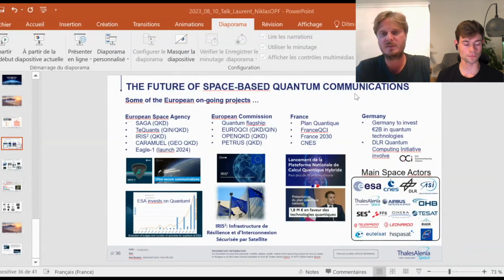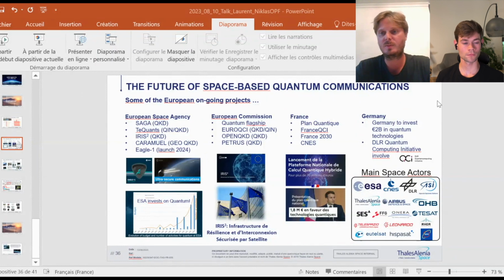Here in France we have the Plan Quantique, which is 1.8 billion euros for quantum technology over 4 years. Also France QCI, France 2030, and CNES, the French Space Agency, invest in these topics, and they are our customer for many studies.